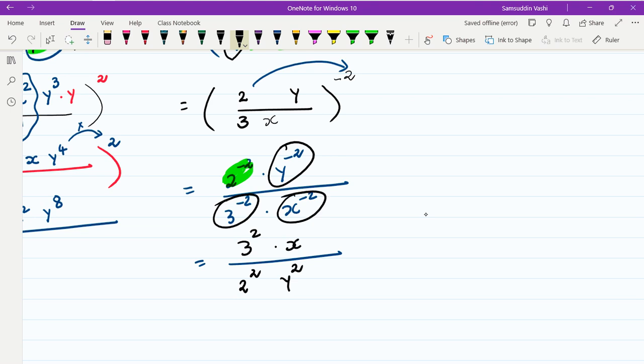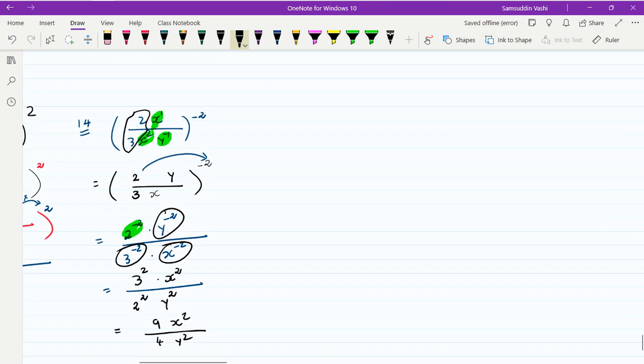And x to the power of negative 2, which is right now in the denominator, when I write it in the numerator, it's positive 2. Right. Can I simplify now? What is my answer? 9 x squared over 4 y squared. Right. Are we clear? Okay.